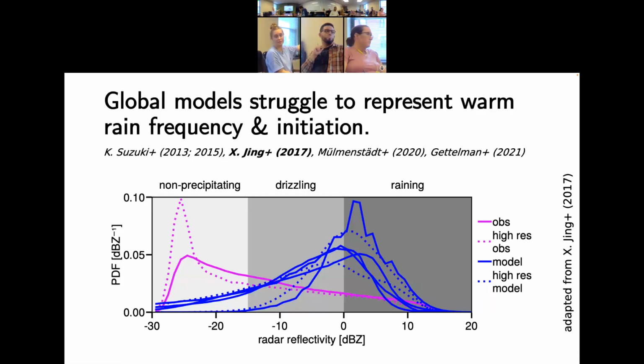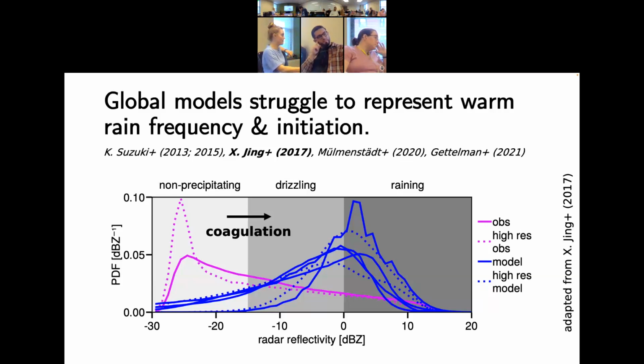Whereas if we translate what the models are predicting with a simulator back to what CloudSat is doing, across the spatial resolutions of the model, we see a complete dearth of non-precipitating clouds. So the clouds in the models are basically always making particles that are big enough to potentially reach the surface.